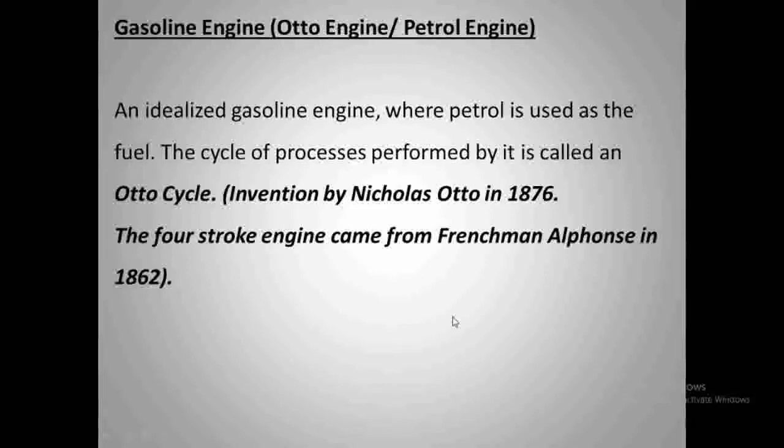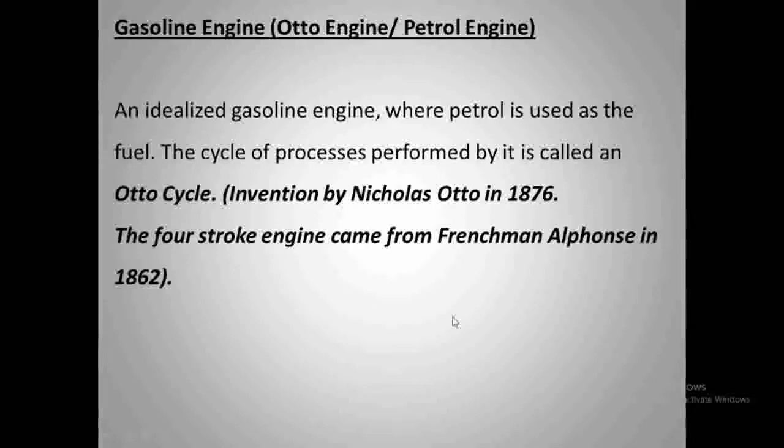In an idealized gasoline engine, petrol is used as the fuel, and the cycle of processes performed by an idealized gasoline engine is called an Otto cycle. This Otto engine was invented by Nicholas Otto in 1876.